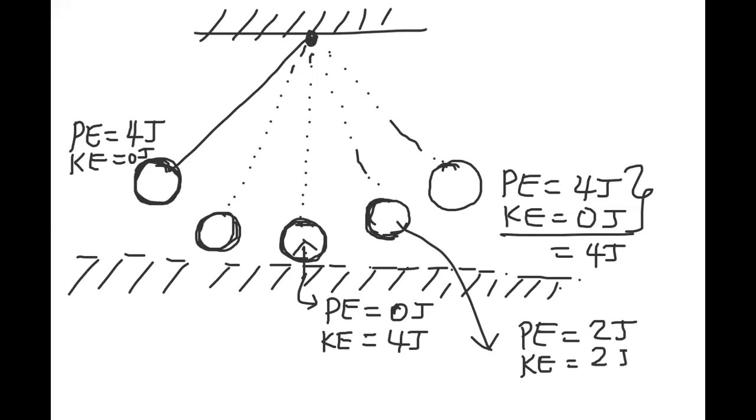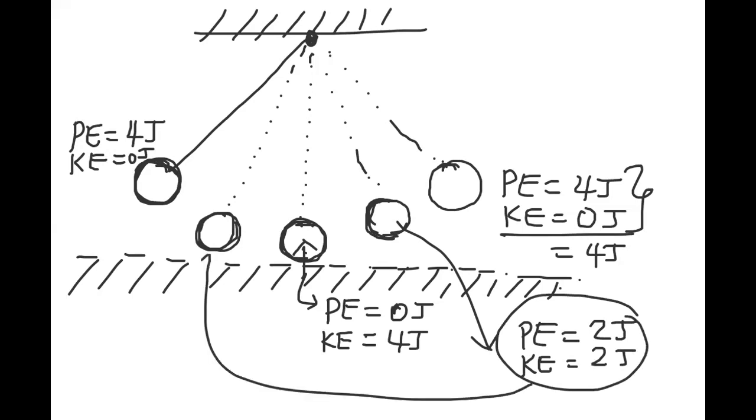Likewise, the situation here will be the same as the situation at this point here. All right, so this is the energy conservation with respect to the pendulum. We are discussing this with respect to the pendulum.